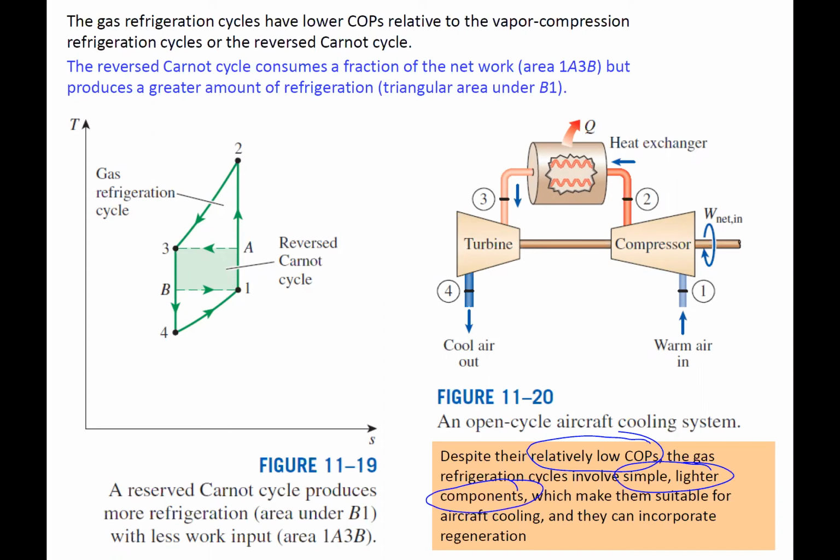So when you're really looking for something very light, in this case aircraft cooling, where weight is more of an issue than whether it's simple or the coefficient of performance, then you can go with this cycle. And it uses air, so you don't have the weight of the refrigerant going through it.